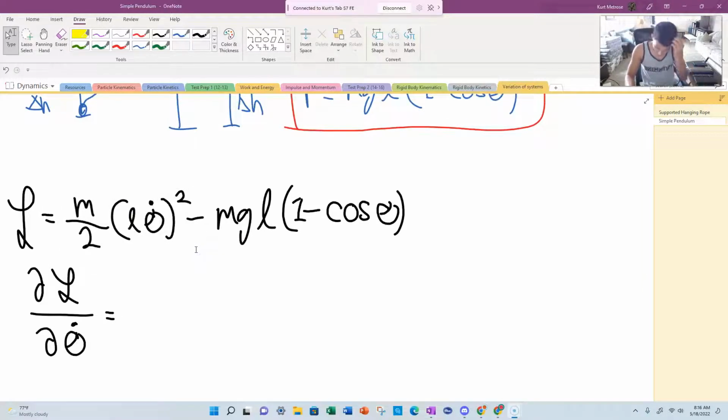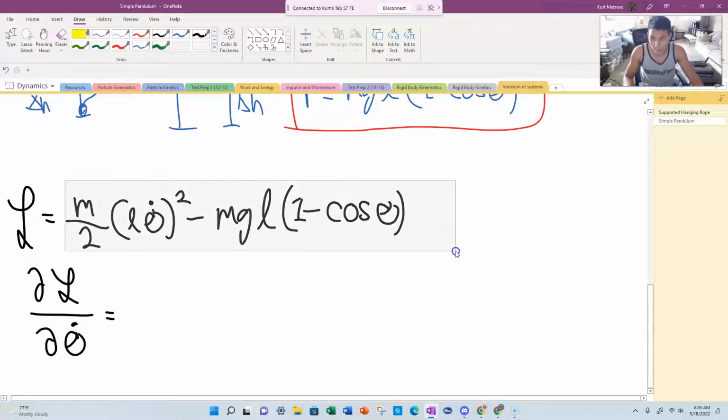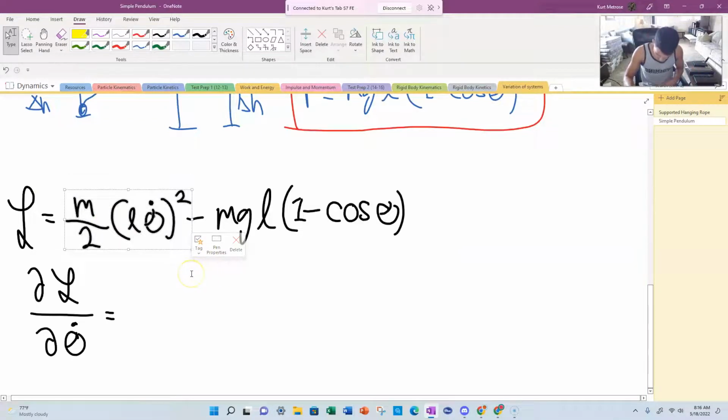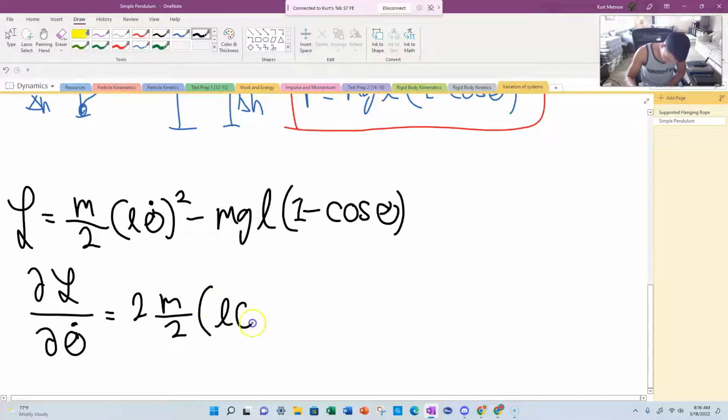Let's do that. This is the only term that has a theta dot in it. So we get 2 times m over 2, and remember that this is L theta dot squared, so then it's just going to become L theta dot.